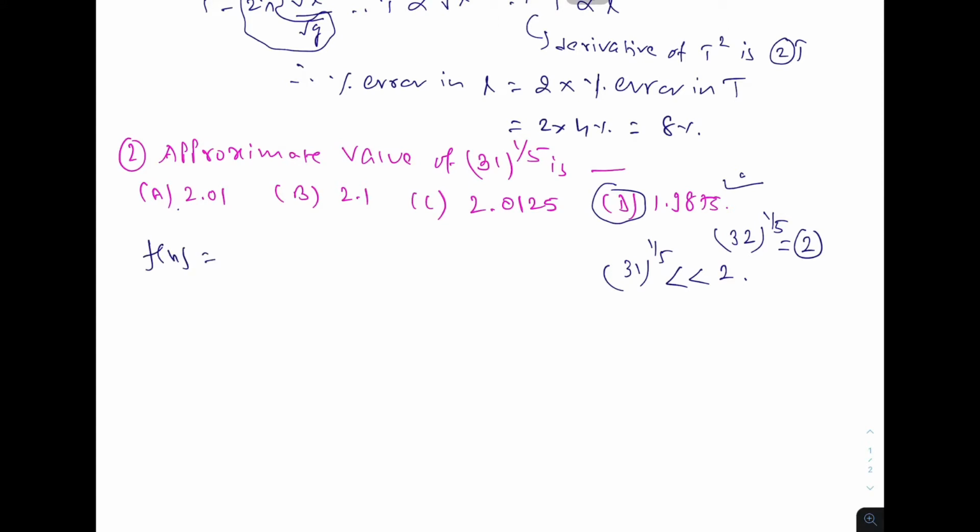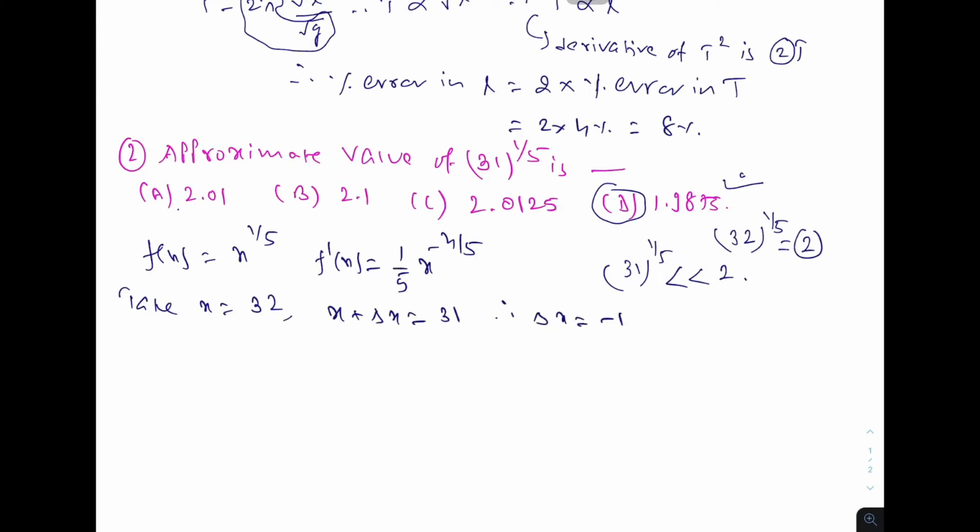So let us take f(x) is x power 1 by 5. What is f dash x? f dash x is 1 by 5 x power minus 4 by 5. Now take x is equal to 32. x plus delta x is 31, and therefore delta x is minus 1.